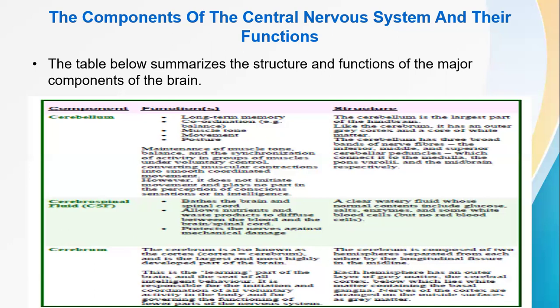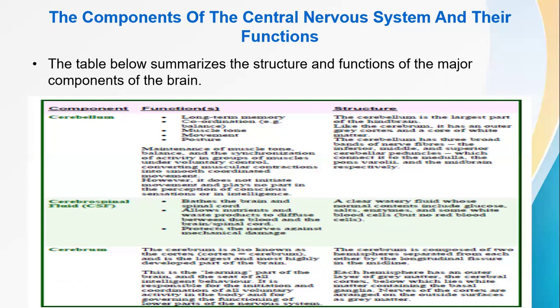In terms of structure, the cerebrospinal fluid is a clear watery fluid whose normal contents include the following. The first one is glucose, also salts, enzymes, and some white blood cells, but no red blood cells. So this is just the simple structure of the cerebrospinal fluid, abbreviated as CSF.